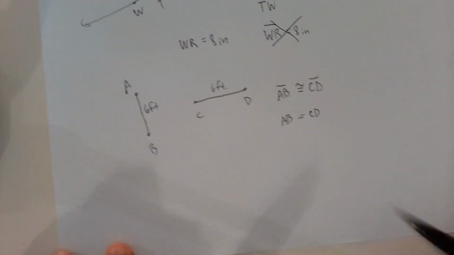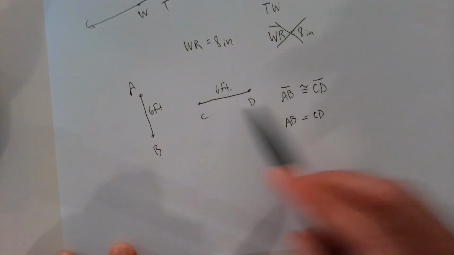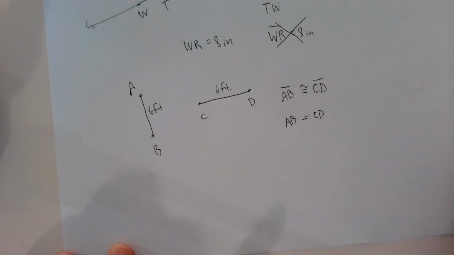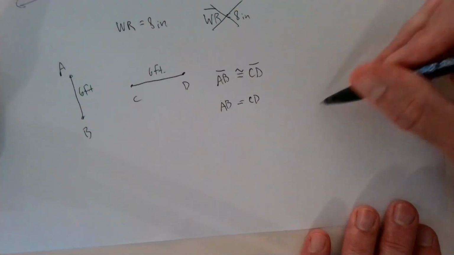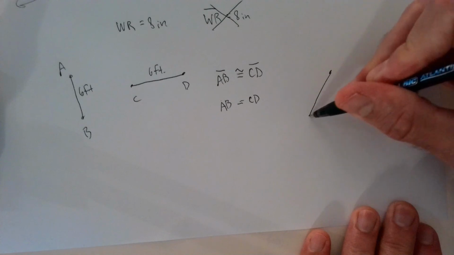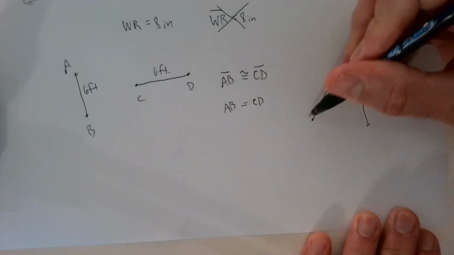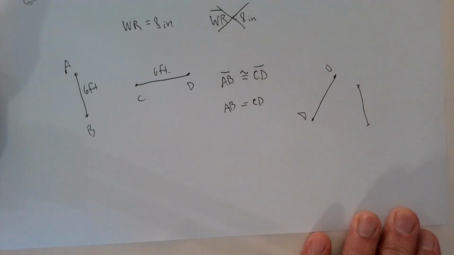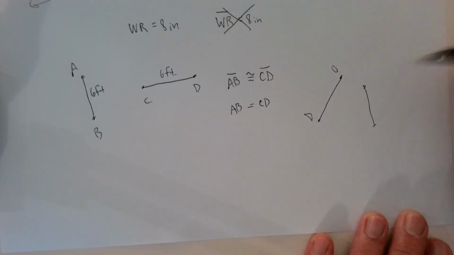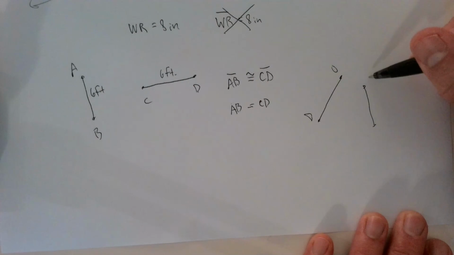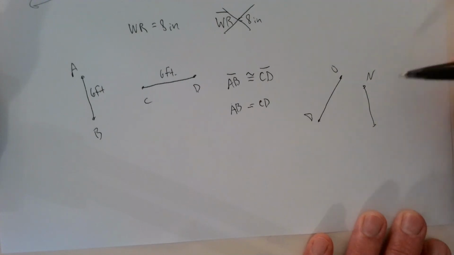Some ways that you might see that in a diagram. If they want to show you that they're congruent without writing a symbol, they're going to put some marks on there. So let me show you what I mean over here. I'm going to make two other segments. How about DO? Because we're going to do some math problems today, and then I haven't used the Z in a while.